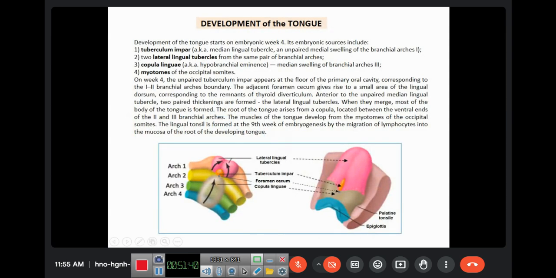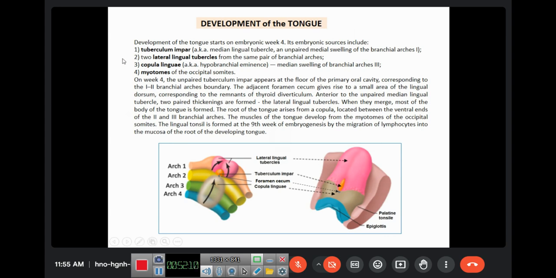Next, development of the tongue. It starts on the week 4, and embryonic sources of development of the tongue include tuberculum impar or median lingual tubercle, this part, or unpaired medial swelling of the branchial arch first.